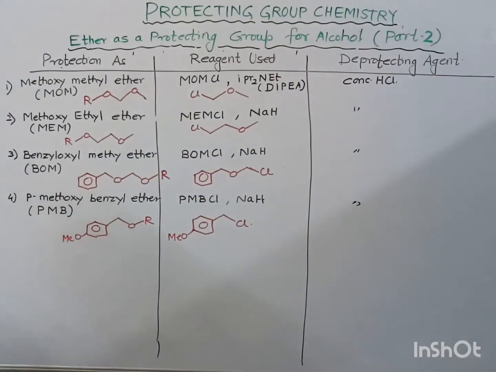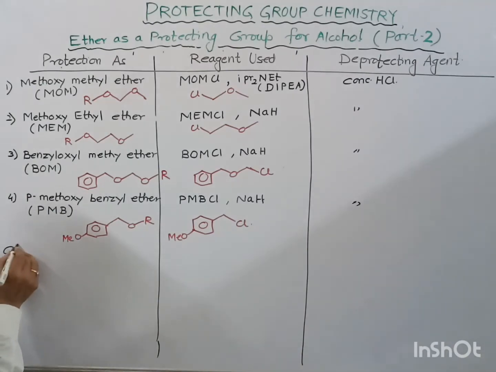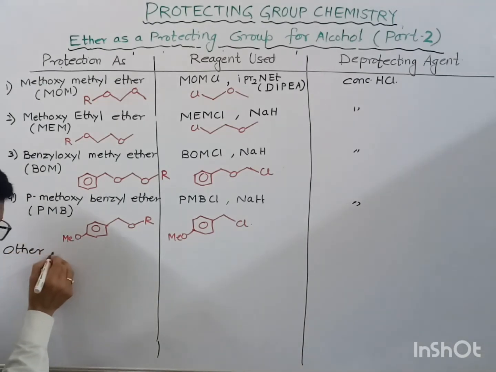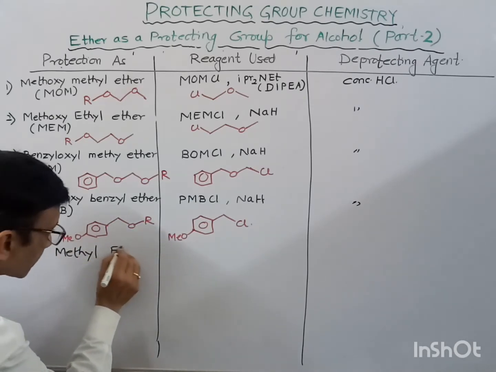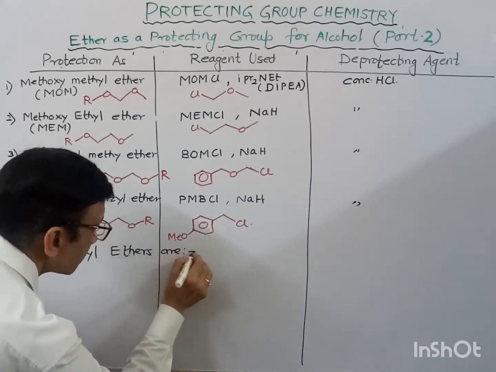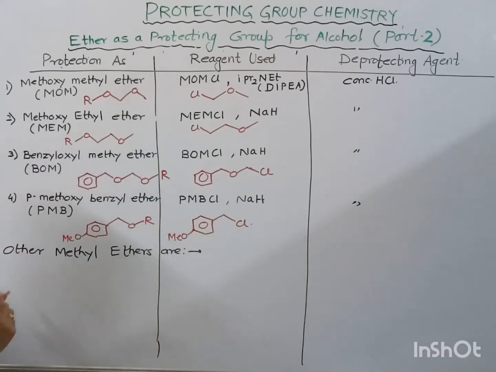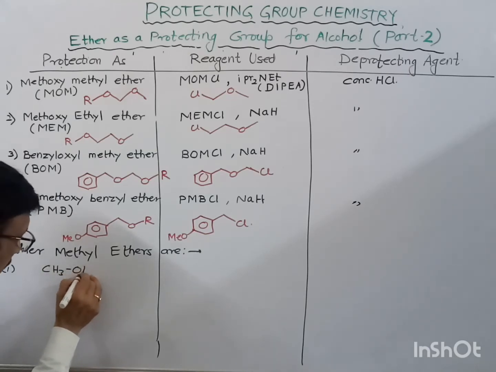Now some other ethers which can be used for the protection of alcohols, for example some other methyl ethers. Like simple methyl ether, suppose it is CH3OR.